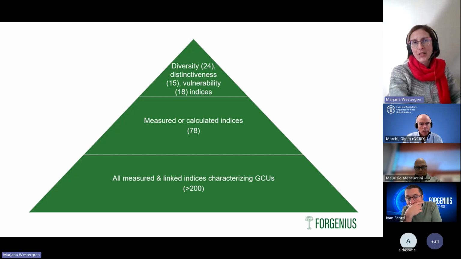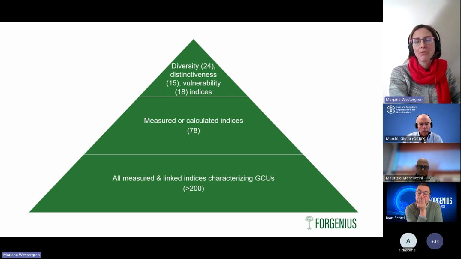In terms of numbers, there is again a pyramid about how many indicators we have. Well, there is quite a lot. I presented only a subset now, and I never mentioned that there are a lot of data points in EarthGIS that are coming from linked information systems such as CHELSA or the Drought Observatory, and those will also all be available for a given gene conservation unit.